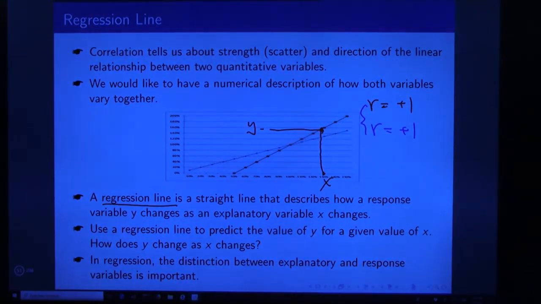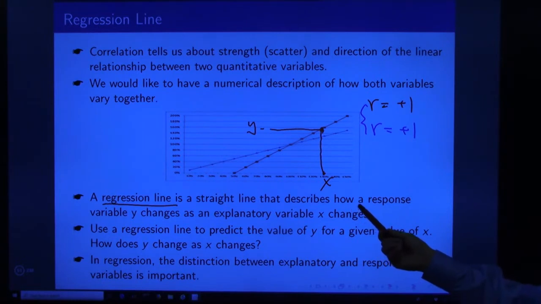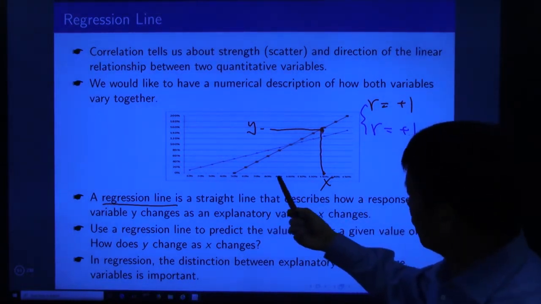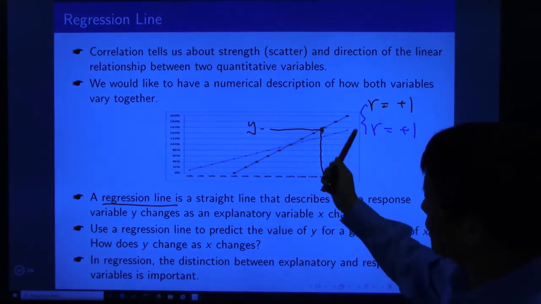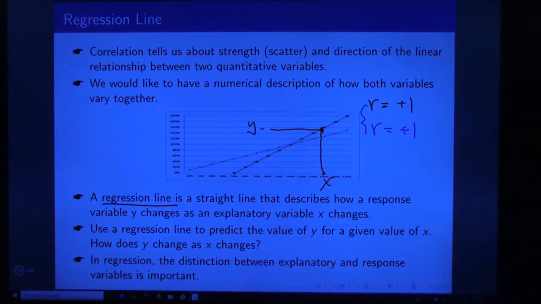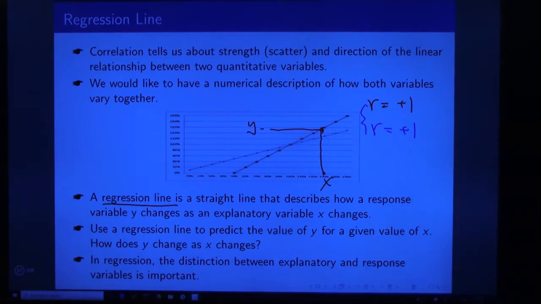In a regression line, we need to distinguish between the x and the y, because if we plot the same set of data with the x and the y switched, we are going to have different lines.